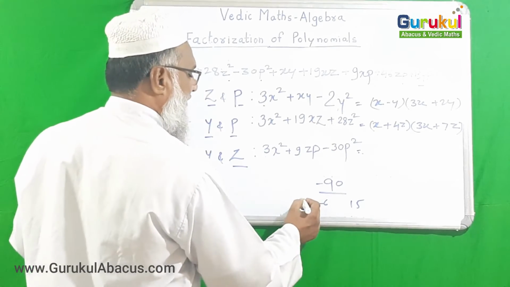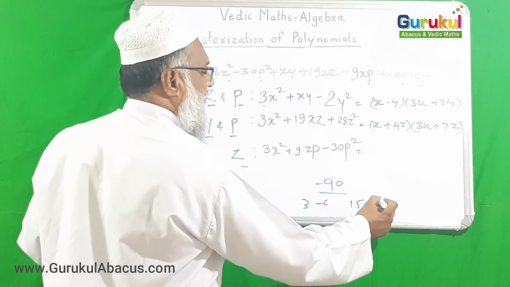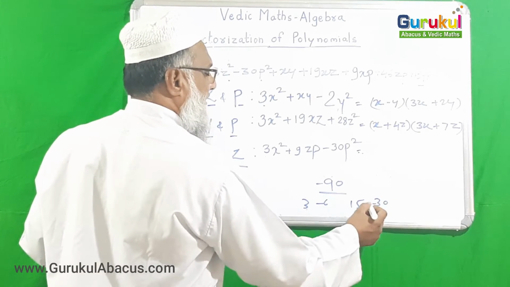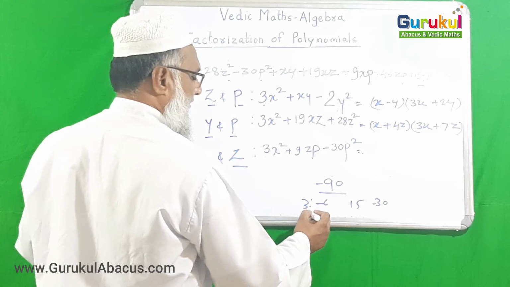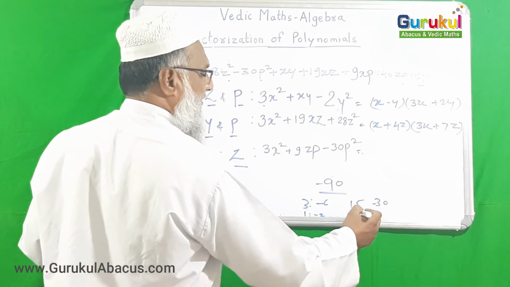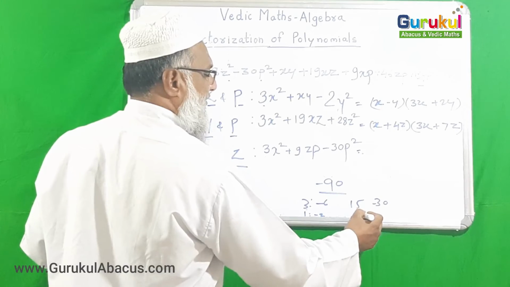Now join this 3 and this minus 30 with it, so we can find the ratio 1 raised to minus 2, and again dividing by 15, 1 raised to minus 2.